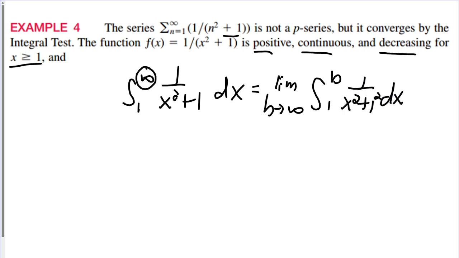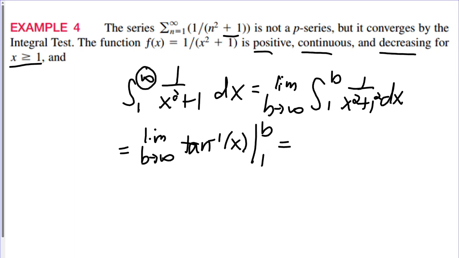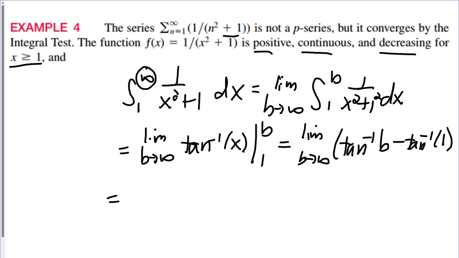If we add a squared on the 1, we're going to recognize that as tangent inverse. So now we get the limit as b goes to infinity of tangent inverse of x evaluated between 1 and b, which is the limit as b goes to infinity of tangent inverse of b, the upper bound, minus the lower bound, tangent inverse of 1.